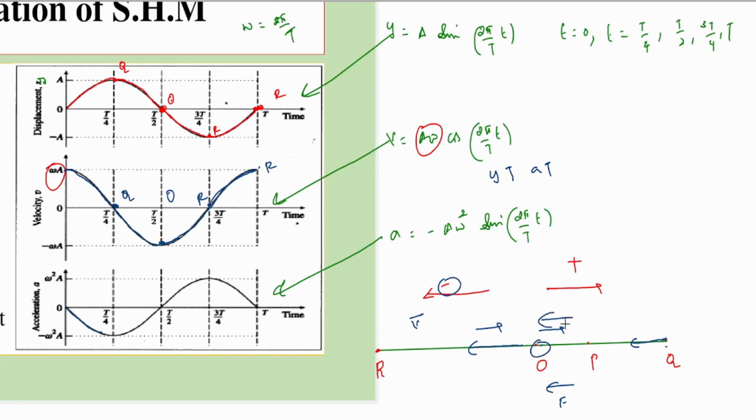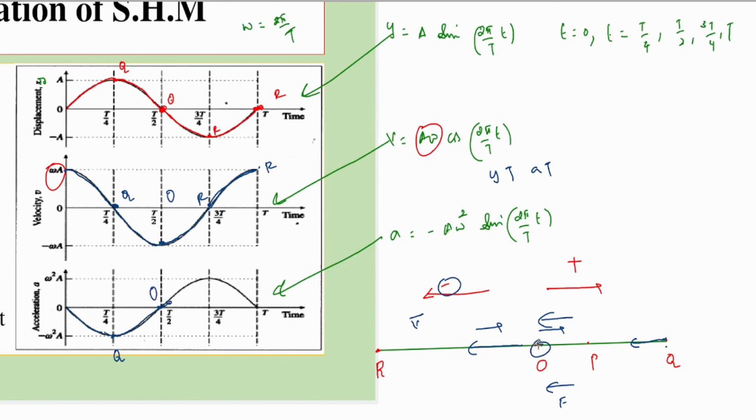When the particle goes to point Q, A is maximum. When the particle retraces and goes towards point O, A would decrease, but even now the acceleration is towards the mean position, so it is still negative only. When the particle comes to point O, A would be 0.